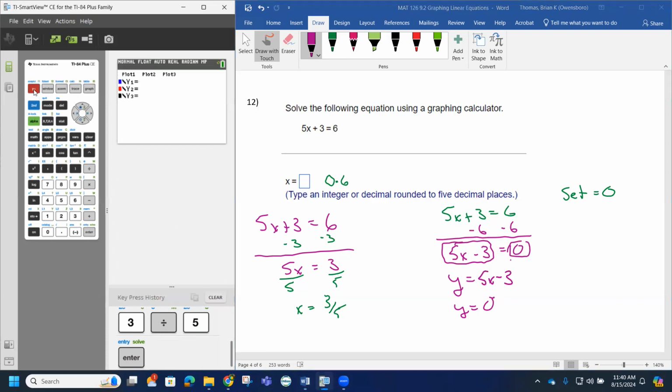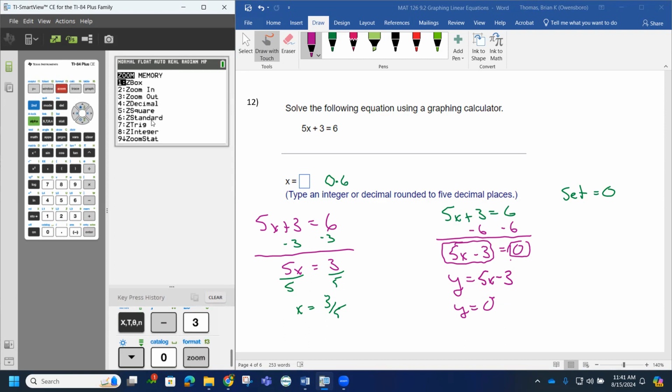So if I hit the y equals button, if I type in 5x minus 3, and then if I type in y equals 0, I can graph these. Now for you, the previous problem, if you did it, your scale is going to be all different. So you may have hit the zoom button.